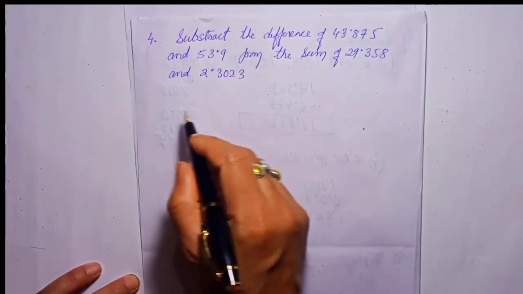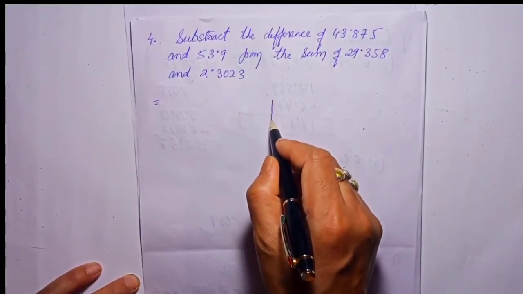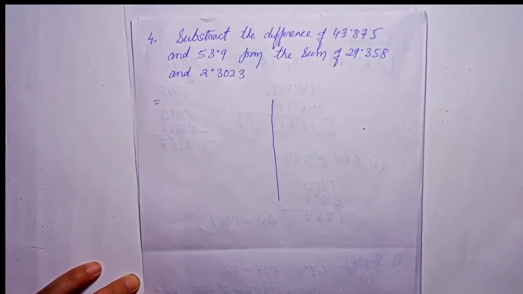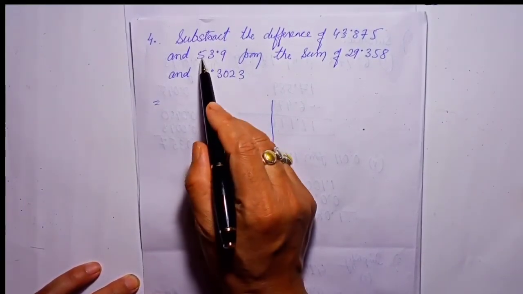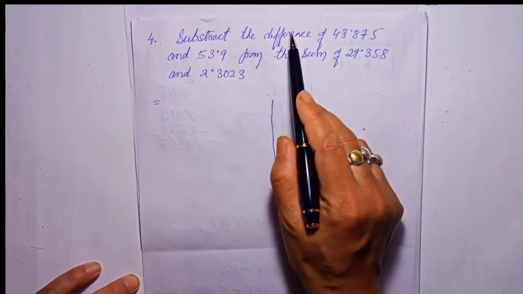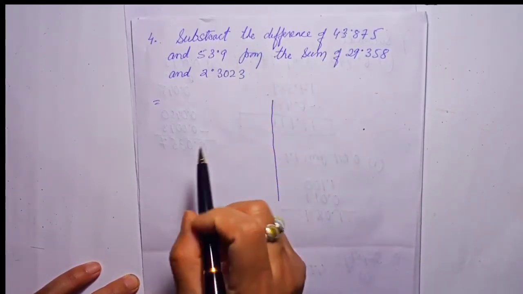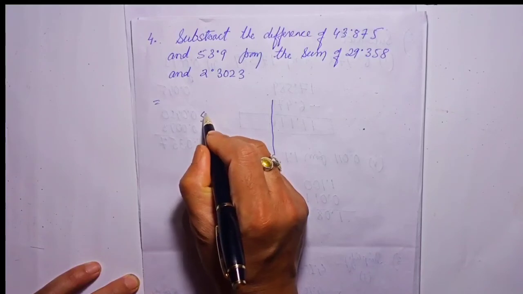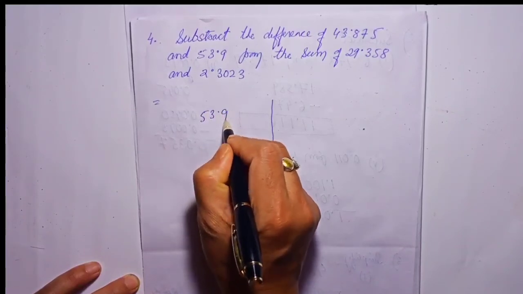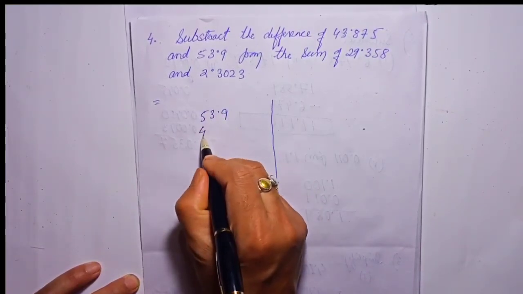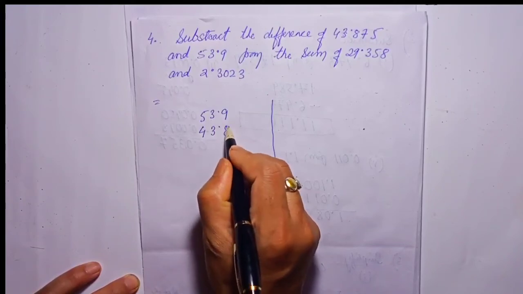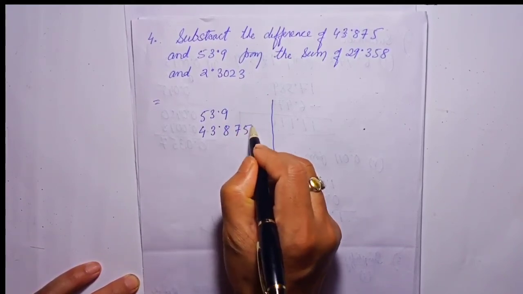For doing this, you can make two different parts. Like you see, do the first part, subtract this one and this one, calculate the difference between this one and this one. Now see, 53.9 is the bigger number, you put it first, then you put 43.875.